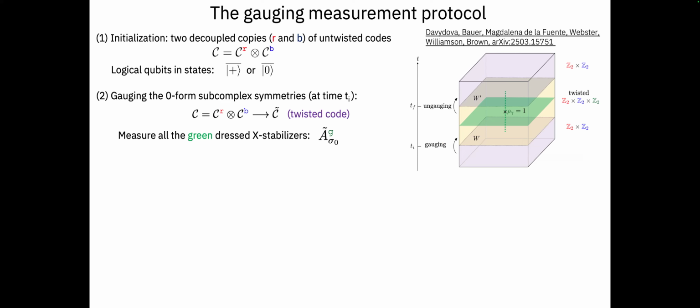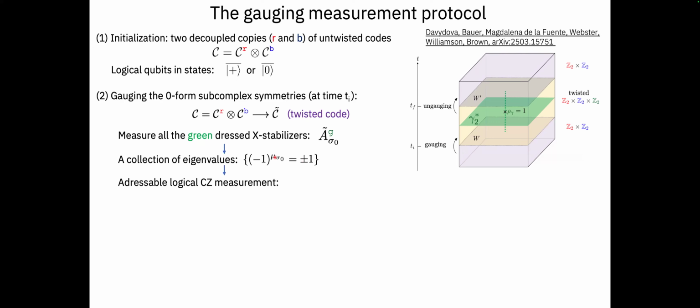So the key thing you will do is that you want to measure all the dressed X stabilizers in the green copies, and you get a collection of eigenvalues of these green stabilizers with plus minus one values, or I can rewrite it as minus one to the mu, where mu has value 0 or 1.